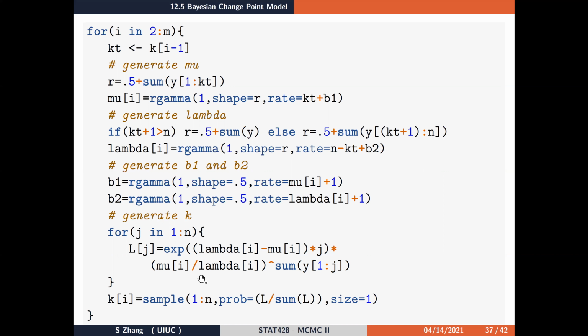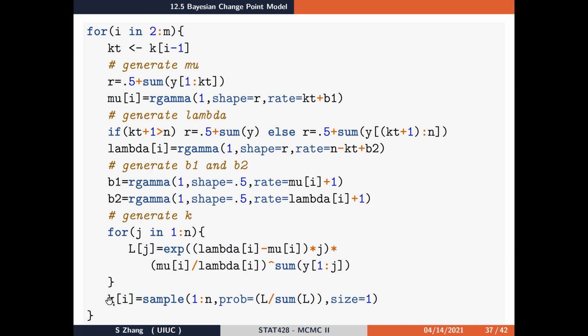And then we know that the probability, conditioning on all the other variables and the observed data, that k takes any particular value is given by this L vector divided by the sum of the L vector.